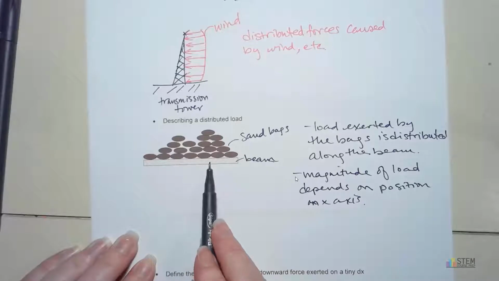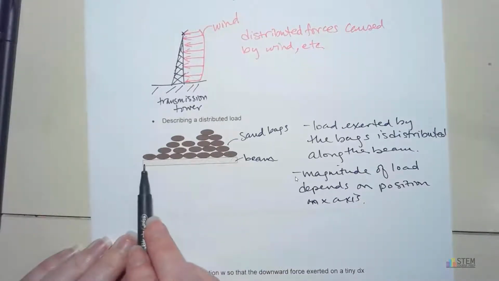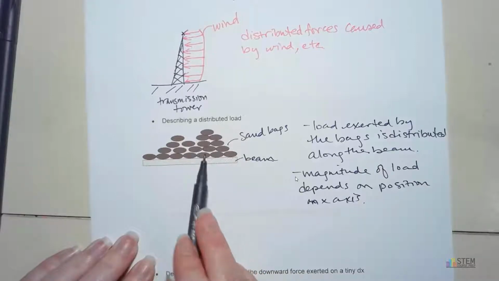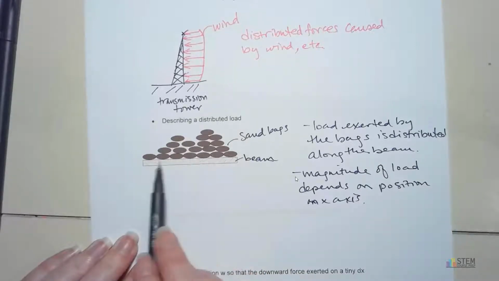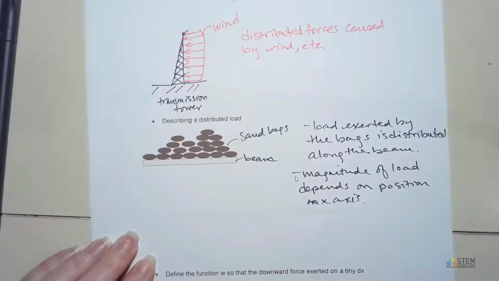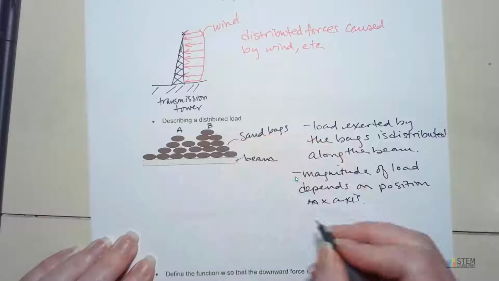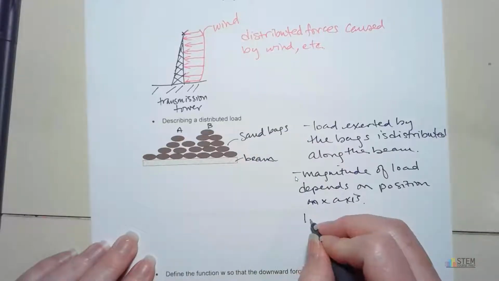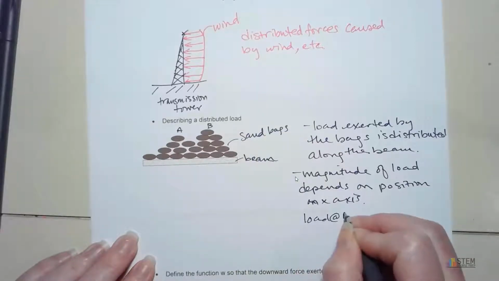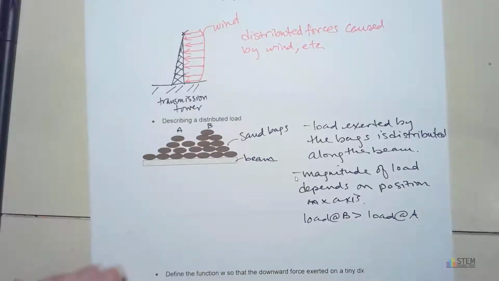Because if we're under here, we have a lot more force being applied than we do over here, because over here we have more of the bags. So depending on where we are on this beam along the x-axis, that determines how much of a load is felt at that point. Okay, so if we say this is B and this is A, for instance, then the load at B is going to be greater than the load at A.